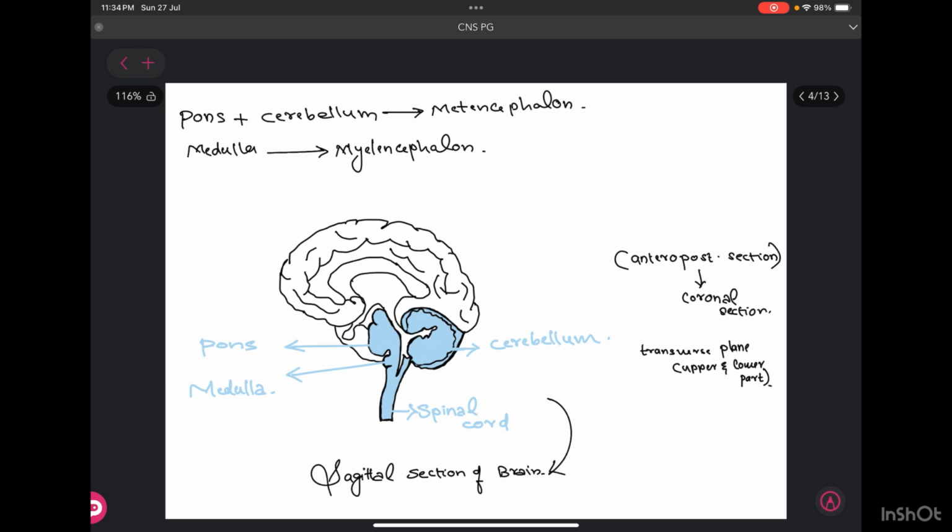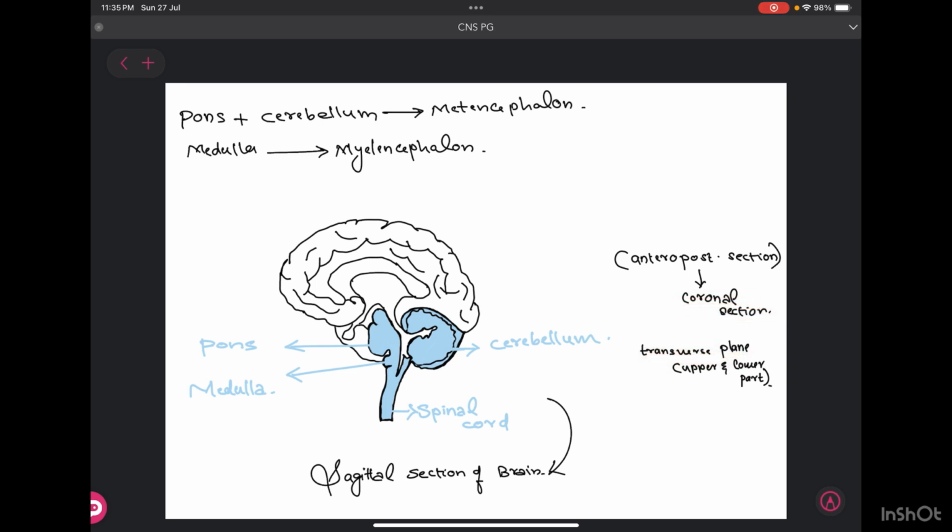This section of the brain is called the sagittal section of the brain. We divide the brain at the level of the 2 cerebral hemispheres, separating the 2 cerebral hemispheres. That is a sagittal section. We also have 2 more sections, that is the coronal section and the transverse plane. What is the coronal section?